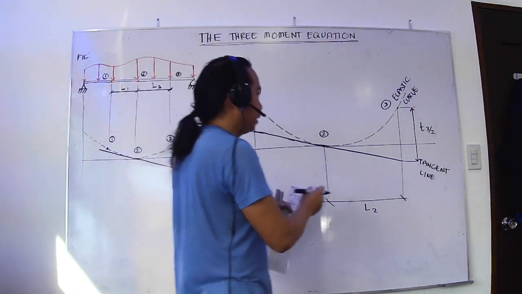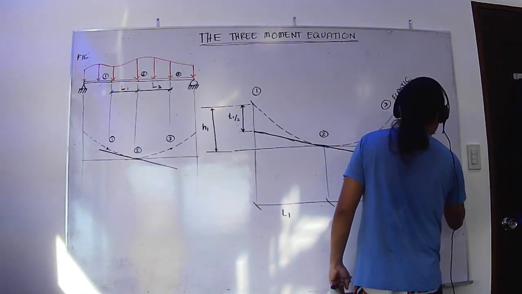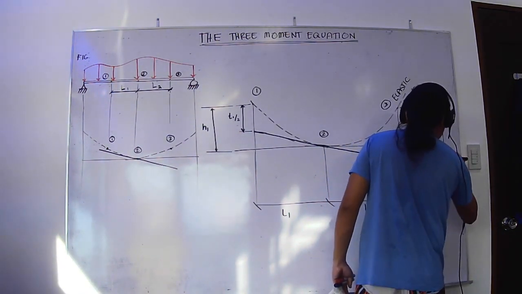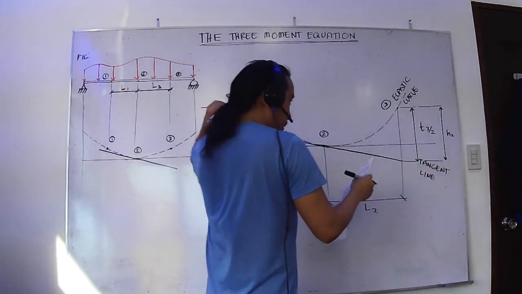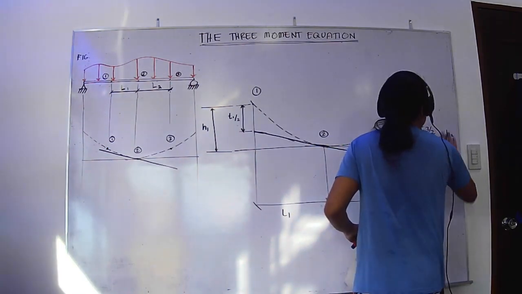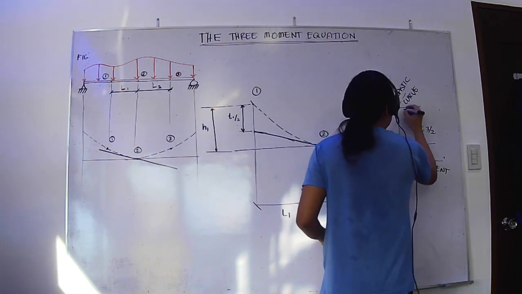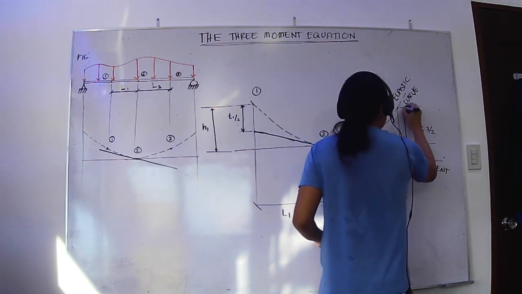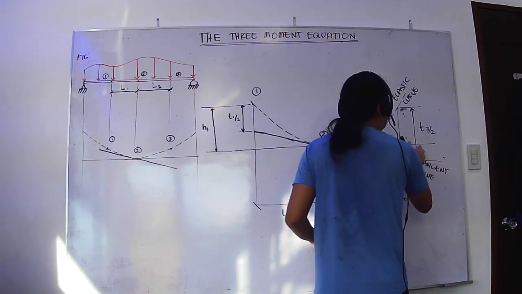That will become our deflection. Likewise here, this should be our H2. Not the tangential deviation, sorry. This is our H2. Okay? H2.